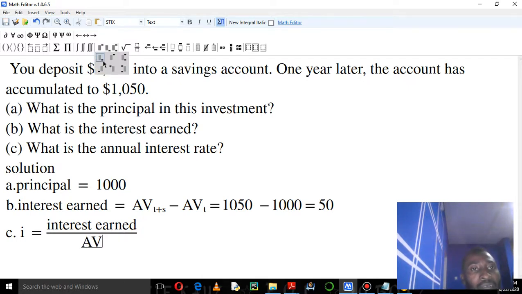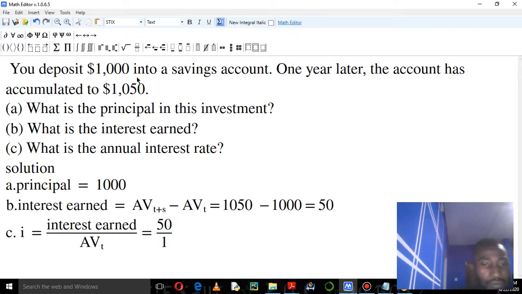Our accumulated value at the beginning of the period is AV subscript t. What is our interest earned? We've already calculated our interest earned to be 50.